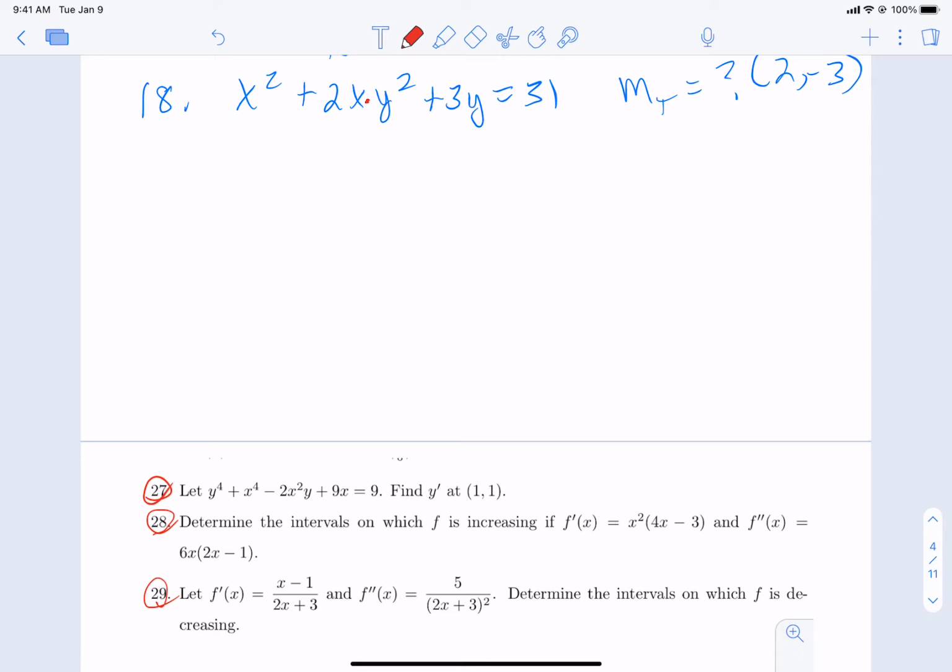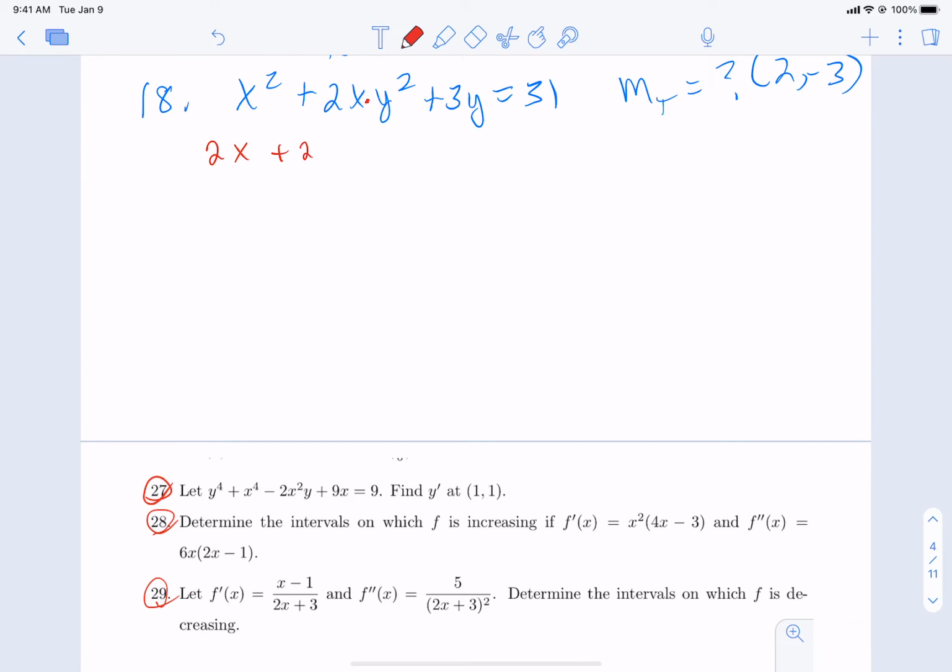So let's go through the process. The derivative is 2x plus. Now, this piece has lots to it because it's a product. So it's going to be the first times the derivative of the second plus the second times the derivative of the first.